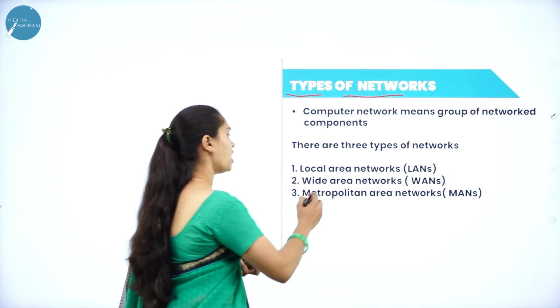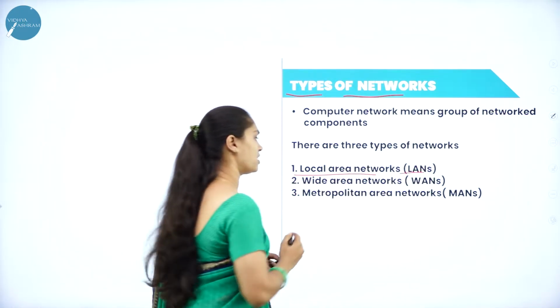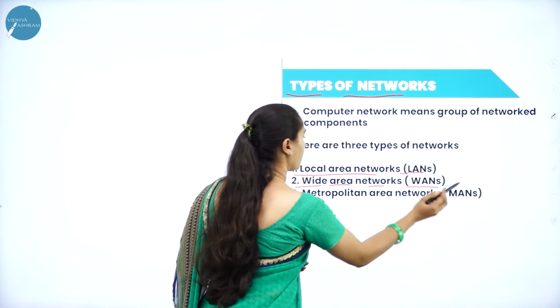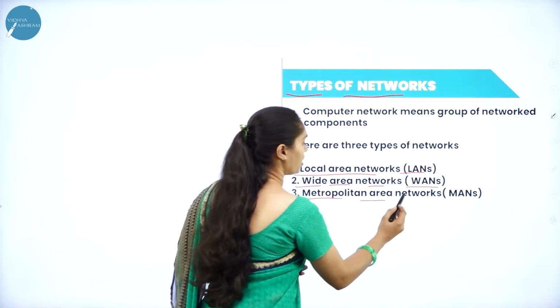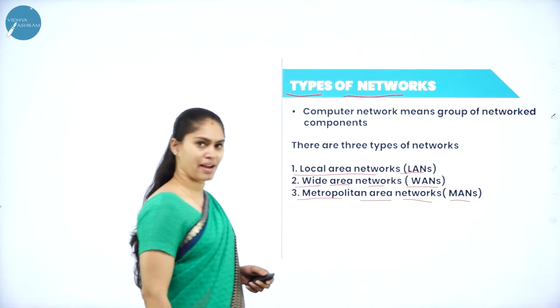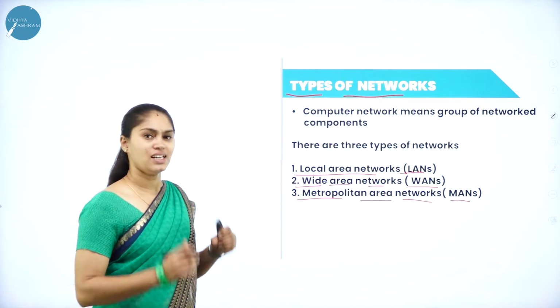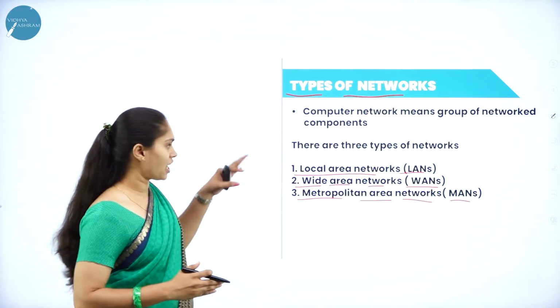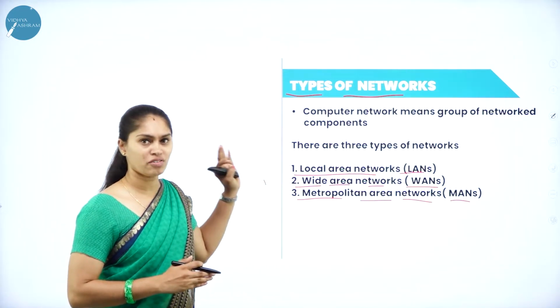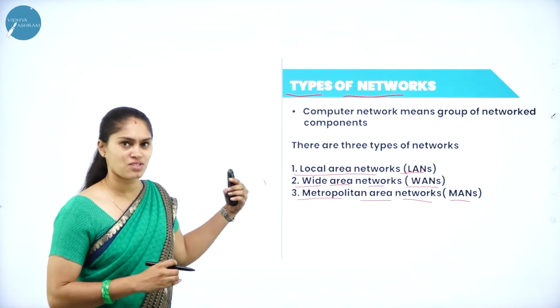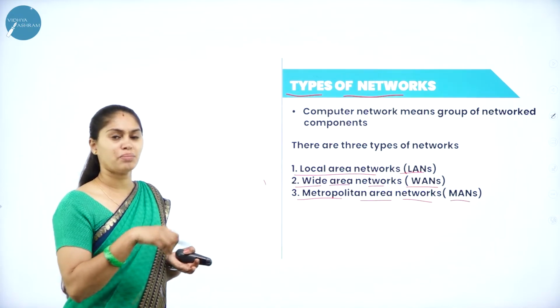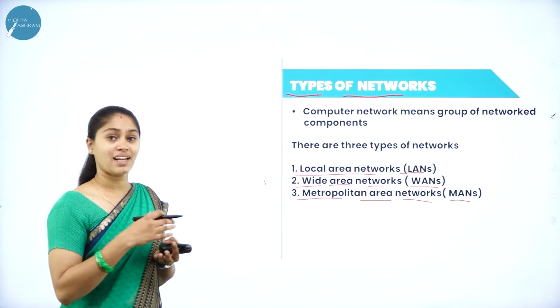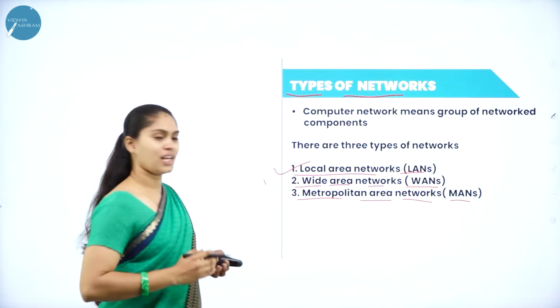That includes local area networks, in short LANs, wide area networks, in short WANs, and metropolitan area networks, in short MANs. Based on the location or the coverage of the geographical area, we have three categories of network. If sharing of resources takes place within a particular building or area, that is a local area network.